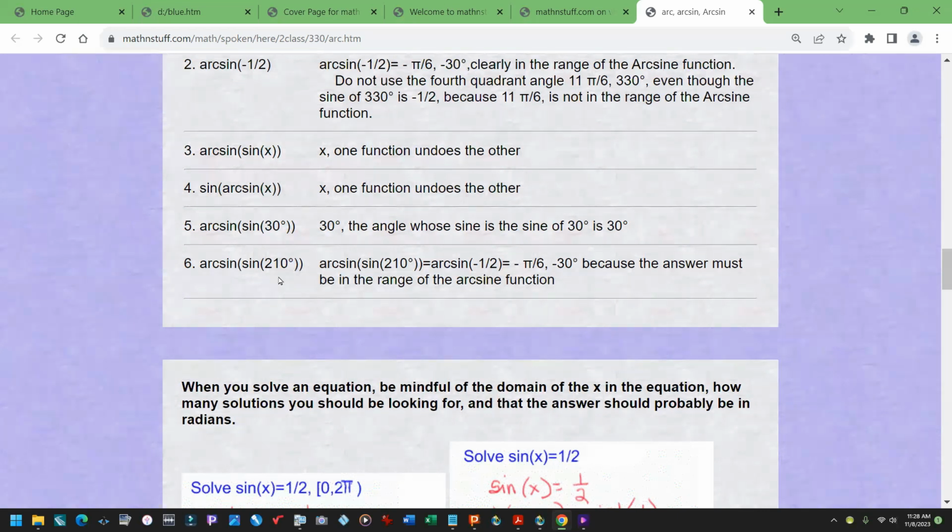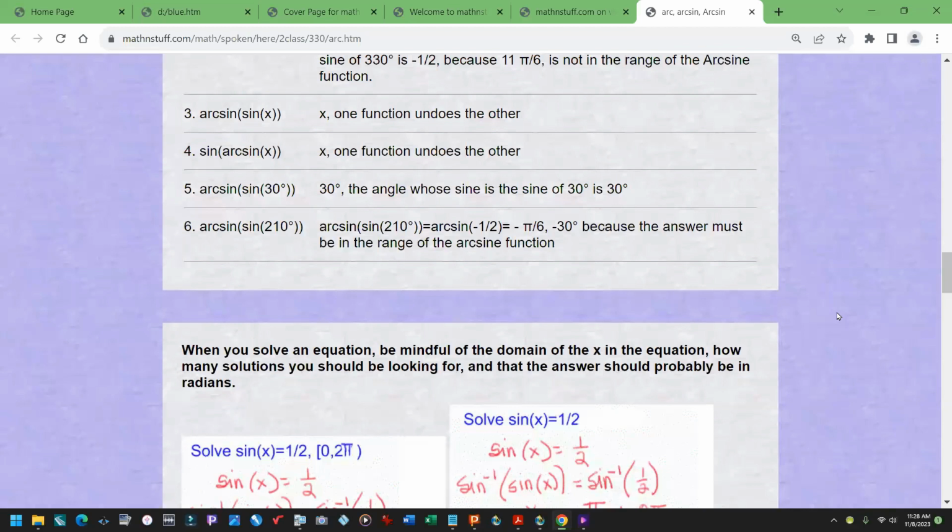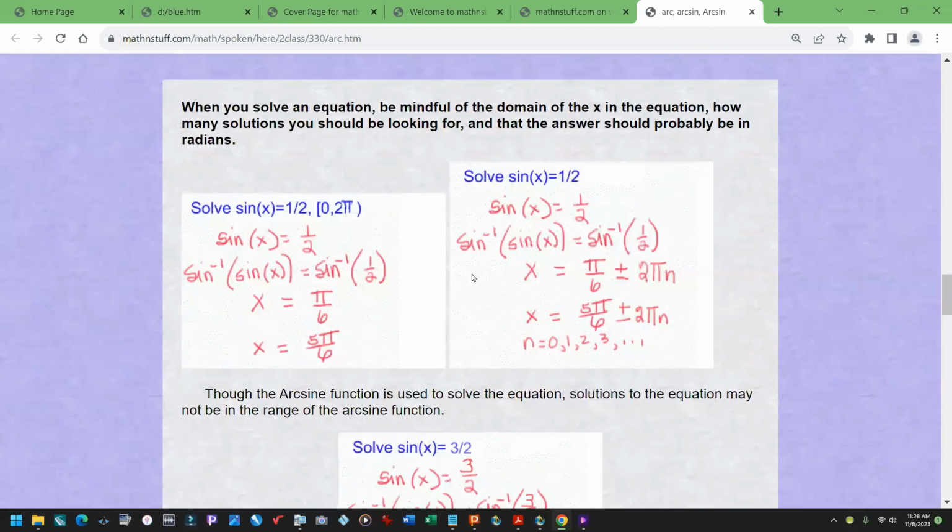In the third quadrant, the sine is negative. The arc sine of a negative better give me a negative angle, a negative first quadrant or fourth quadrant angle, measured counterclockwise. Here's the summary of what I said about solving.